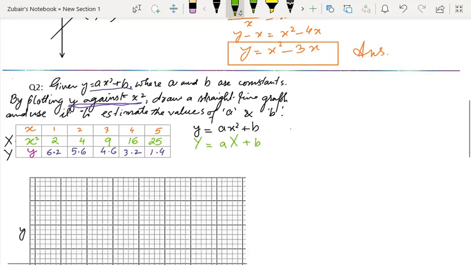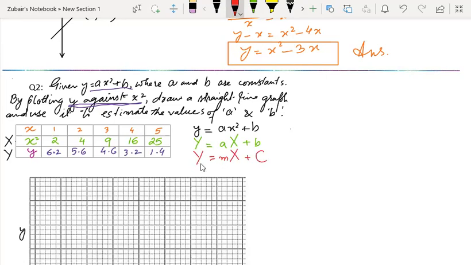Generally this is of the form y is equal to mx plus c.